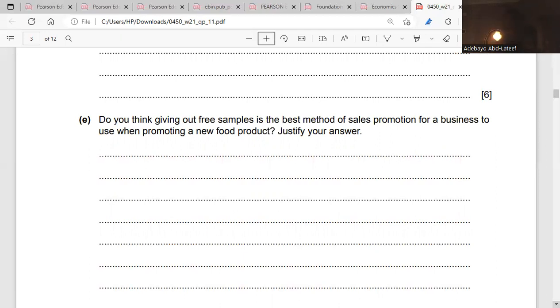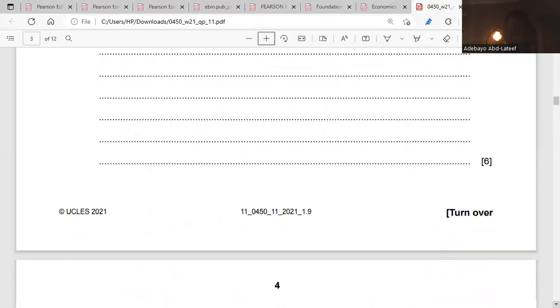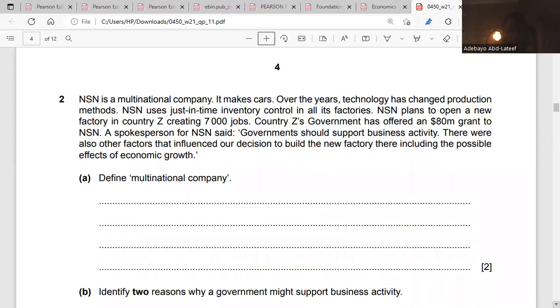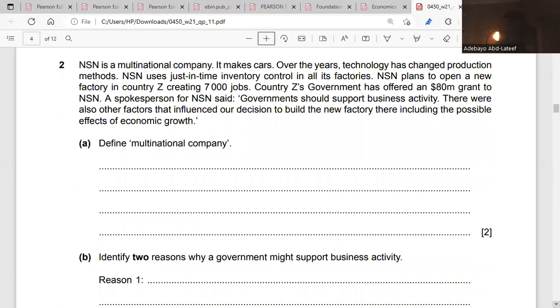Two. NSM is a multinational company. It makes cars. Over the years, technology has changed production methods. NSM uses just-in-time inventory control in all its factories.